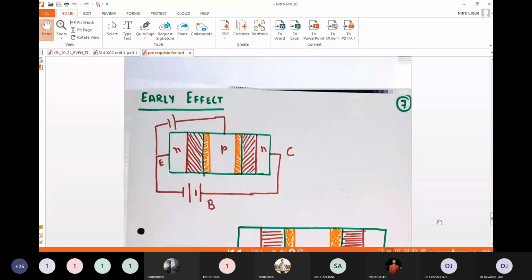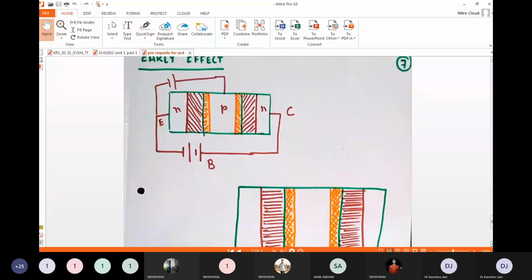I hope you are able to understand this diagram. I would like to repeat the diagram again. E, B and C, all the three terminals are connected respectively. The CB junction is reverse biased at a higher value. As a result, the depletion width of CB is quite large.